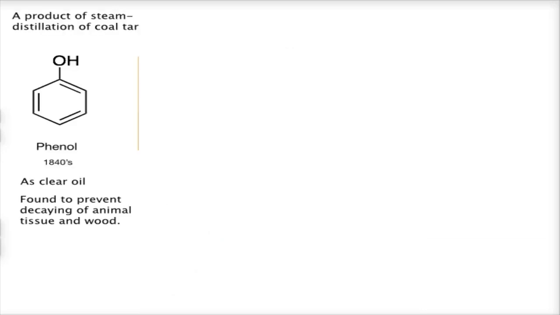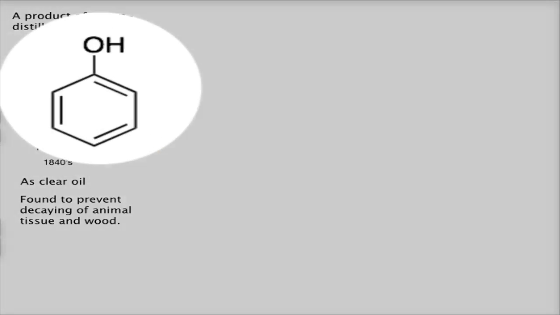Okay. So how was aspirin discovered? Around 1800, there was this production of coal tar. One of the byproducts of the steam distillation of coal tar is phenol, and it came out as a clear oil.